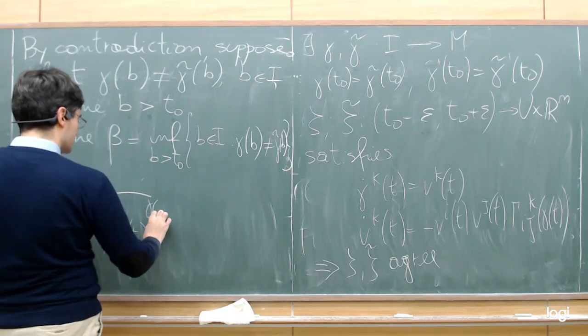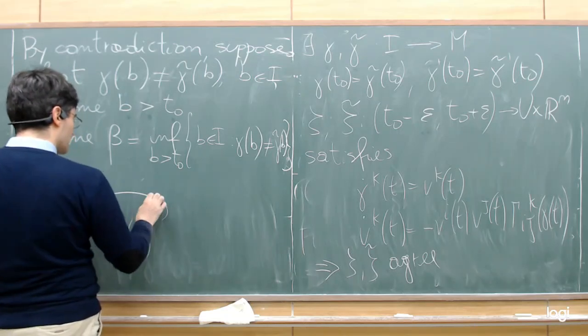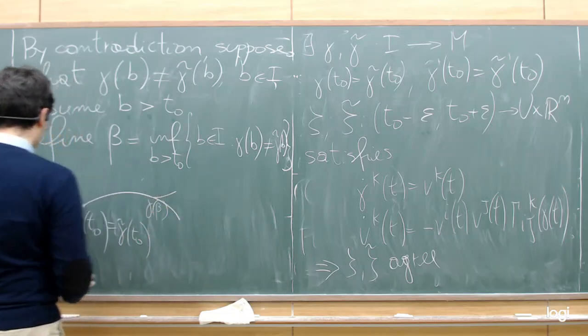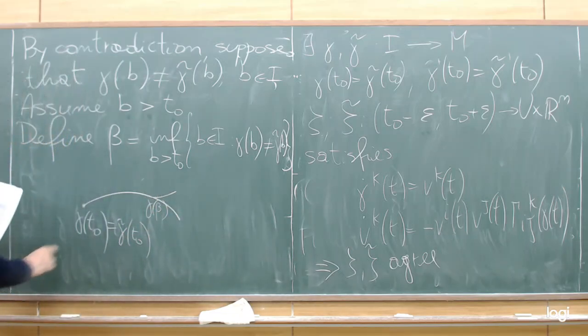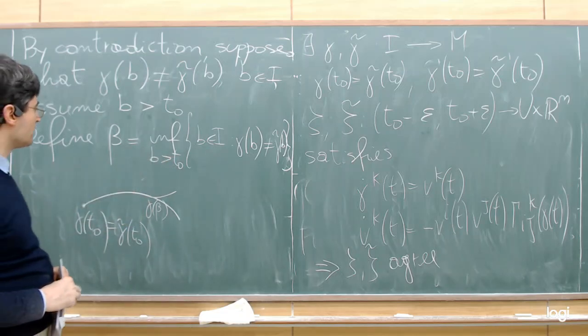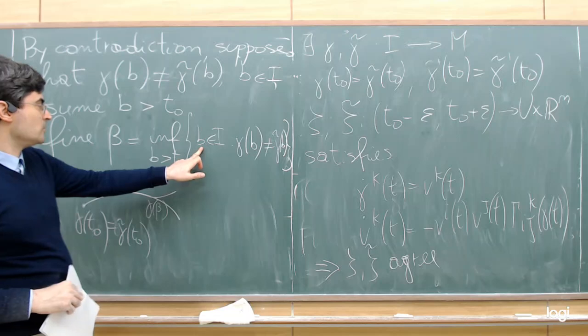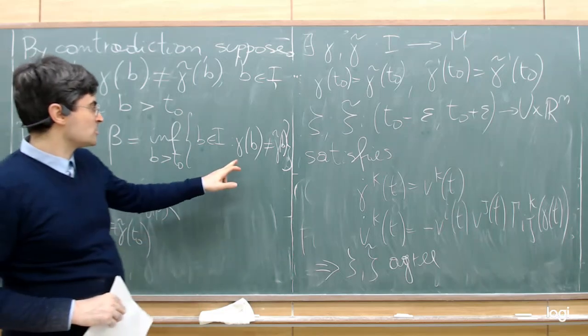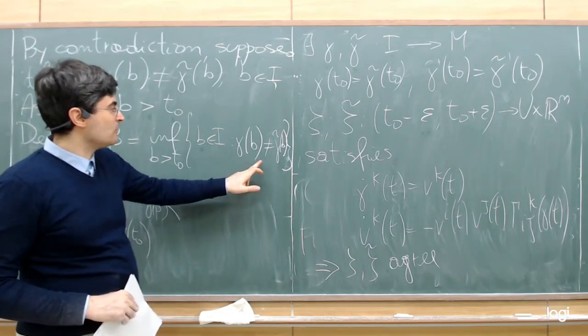This will be gamma(beta), and this is the infimum of the values of the parameter t in I such that you have this inequality.